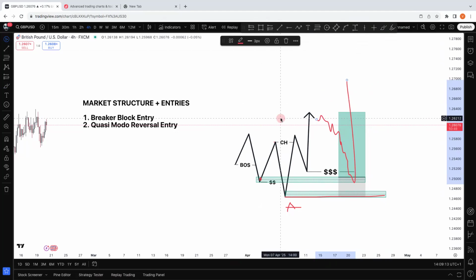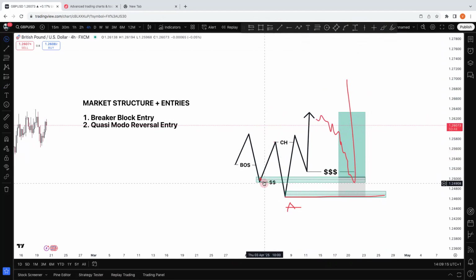To give us a perfect trade. So this is our anticipation. So this is the Quasimodo reversal entry, right? And one thing you should know about this Quasimodo is the Quasimodo has to be below your SLQ, right? It has to be below your structural liquidity.